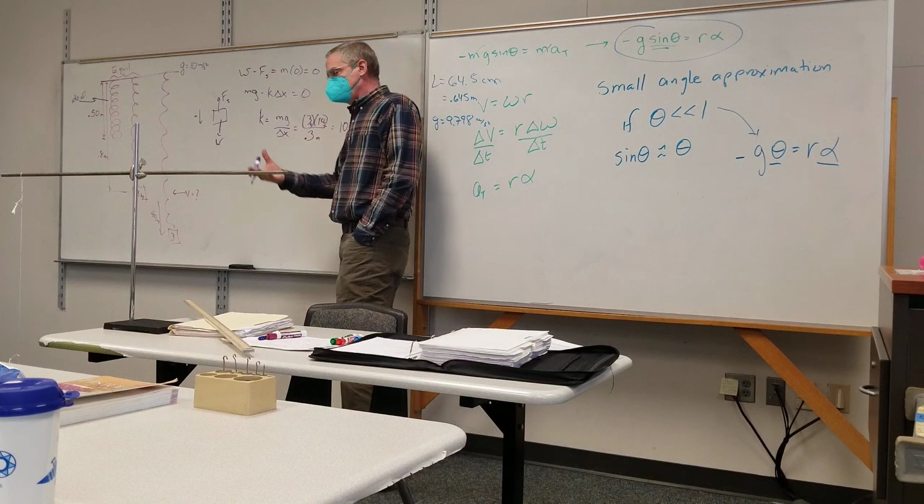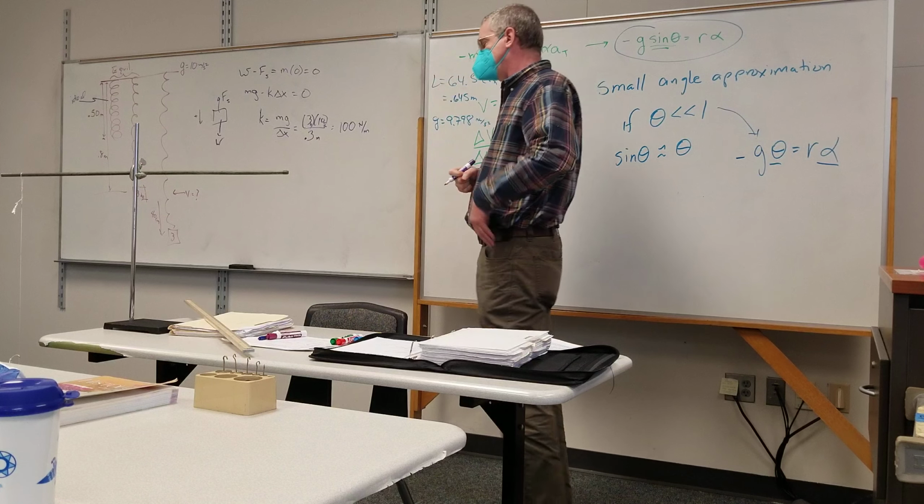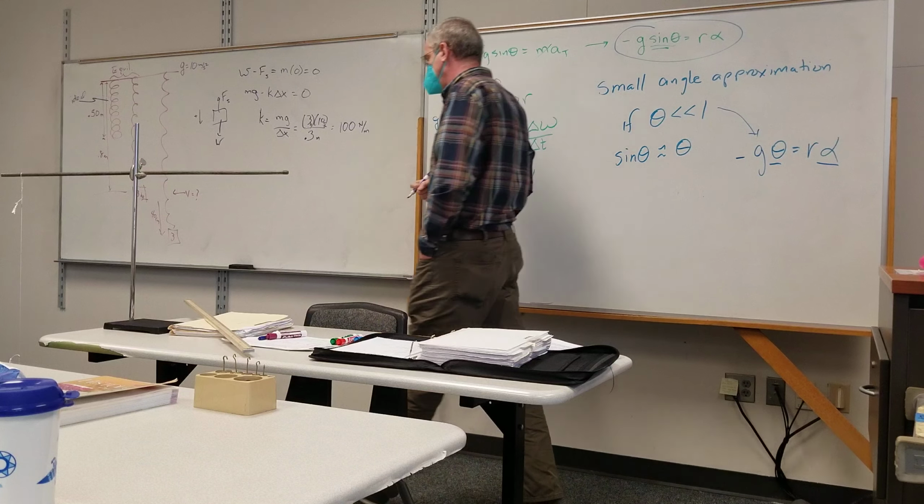I know the mass and I know k. So let's do the formula point of view, what we had done last time. Omega is the square root of k over m, which is the square root of 100 newtons per meter, divided by 3 kilograms.